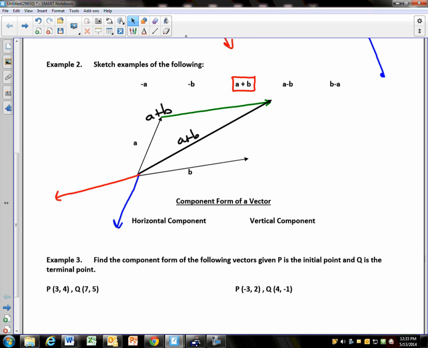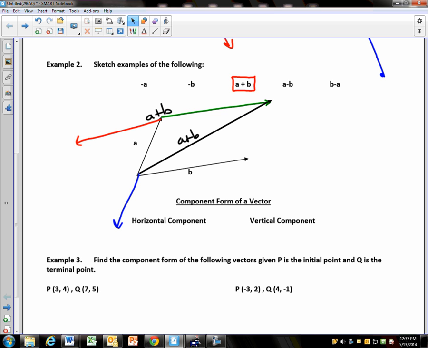What if I want to do A minus B? You would start with A and then you would draw negative B. So you would take this negative B and you would draw it to there. So A, negative B, that's where you would end up. What if I wanted to do B minus A?